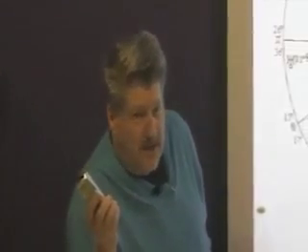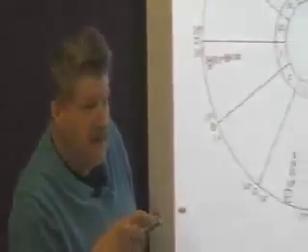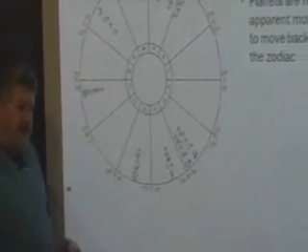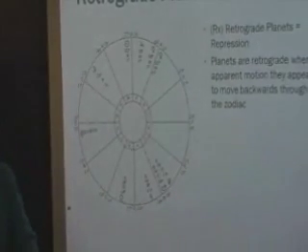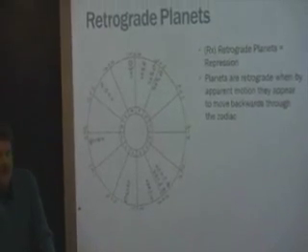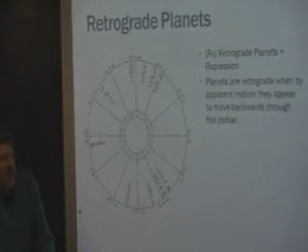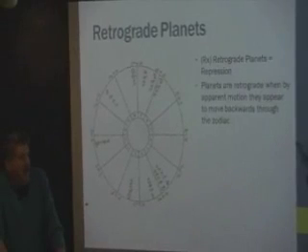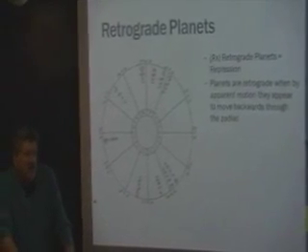Now, what retrograde is, and the important word here is apparent, which means appears to. Retrograde planets, I'm going to use an example. Chances are, have any of you done train travel?